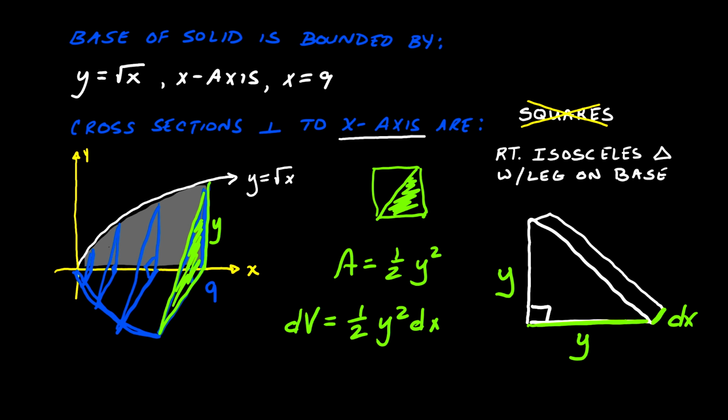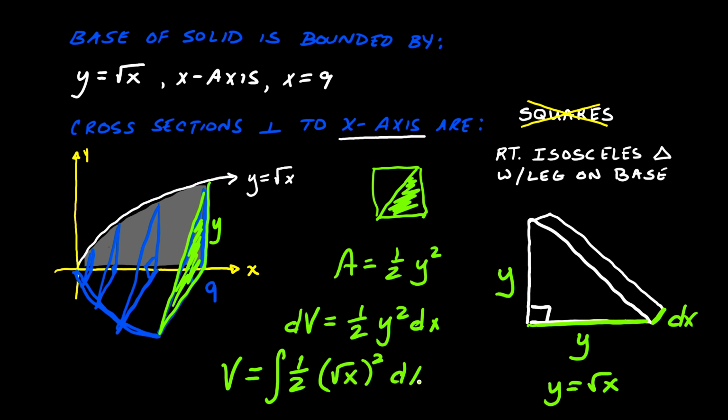And again, we know that y is equal to root x, so we could make that substitution and look at what the actual volume is. So remember, the idea of dV is we're summing them up to get the volume, so we're going to sum up the other side, and we'll have 1/2, and again, y squared, so we can say root x squared dx.